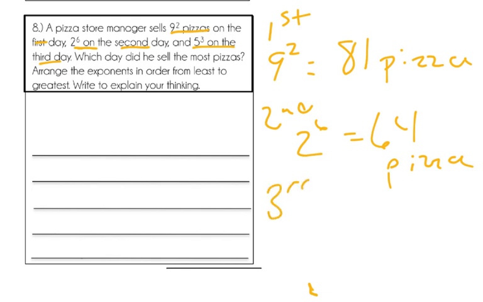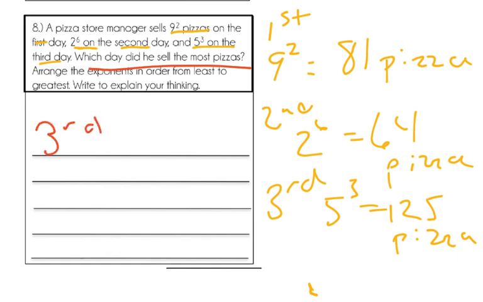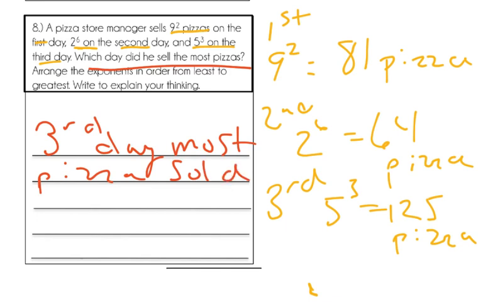Then the 3rd day, he has 5 to the 3rd power pizzas, which is 125 pizzas when I put that in my calculator. Okay, so it says we need to answer this question. Which day did he sell the most pizzas? Well, the 3rd day was the most pizzas sold, right?